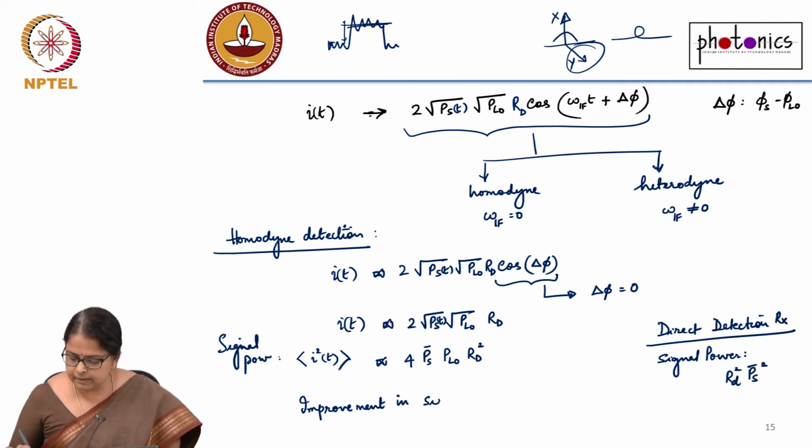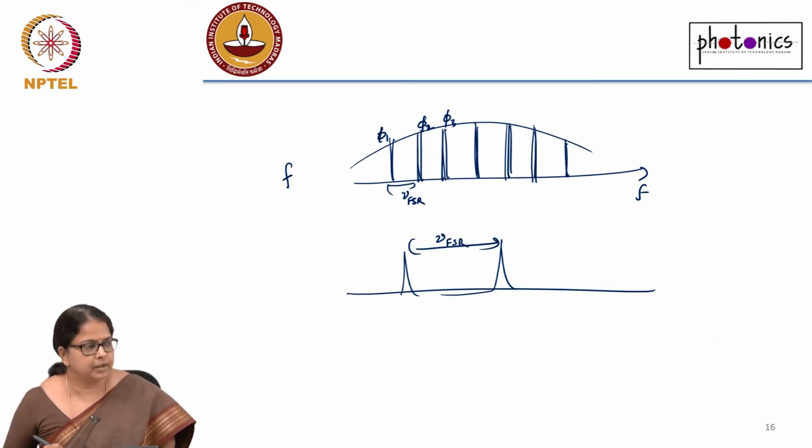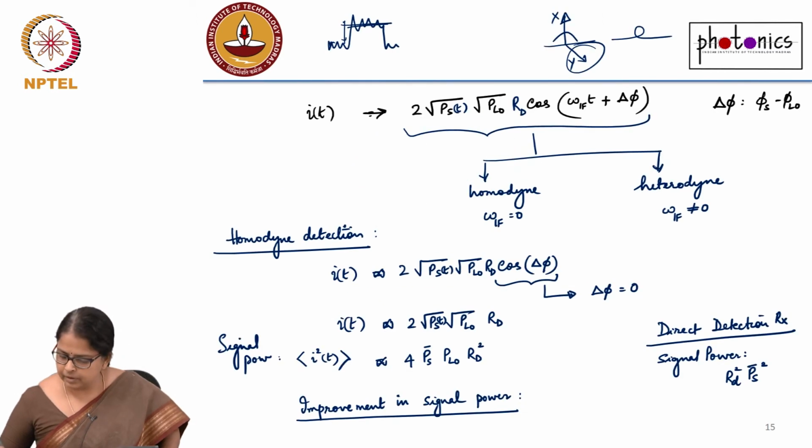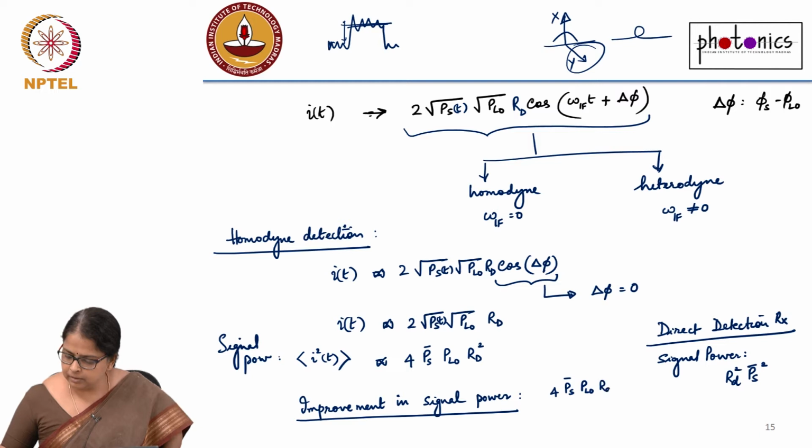Improvement in signal power is 4 times PS PLO RD square divided by RD square PS square.